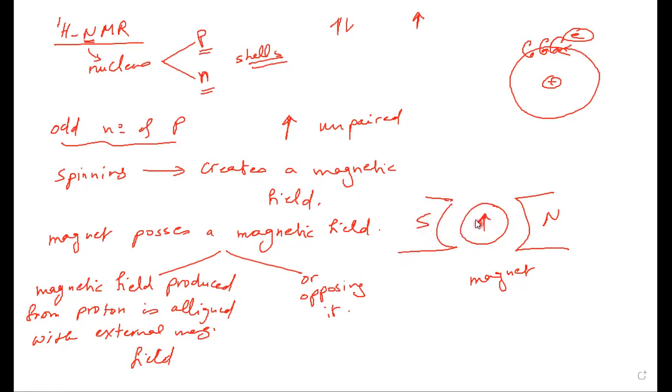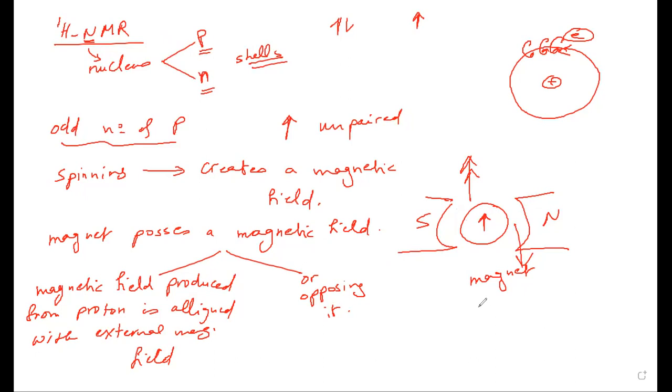Either the spinning of this proton produces a magnetic field that is aligned with, meaning in the same direction as, the magnetic field of the magnet, or else it would produce a magnetic field that is opposite to the magnetic field of the magnet.